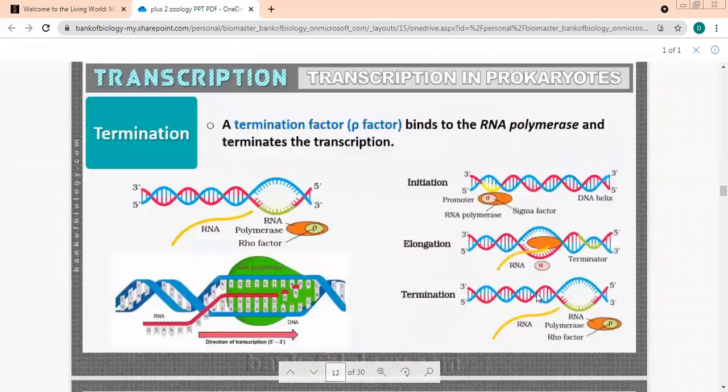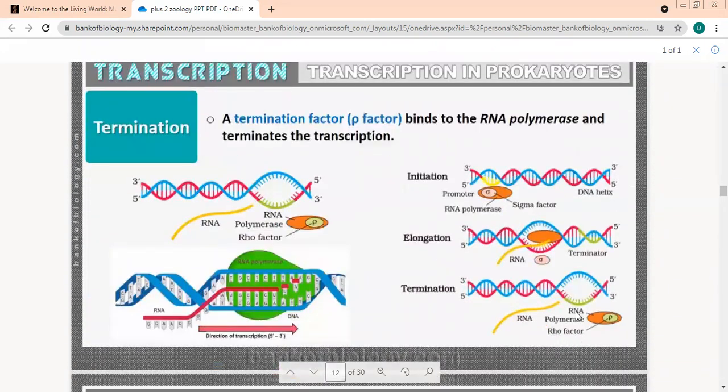Now last part, there is this factor which binds with this. That is known as which factor? This is your rho factor. Rho factor is known as what? Initiation or termination? Termination. And initiation factor was called what? Sigma. Yes, that was the sigma factor. So which factor is responsible for initiation in a transcription?